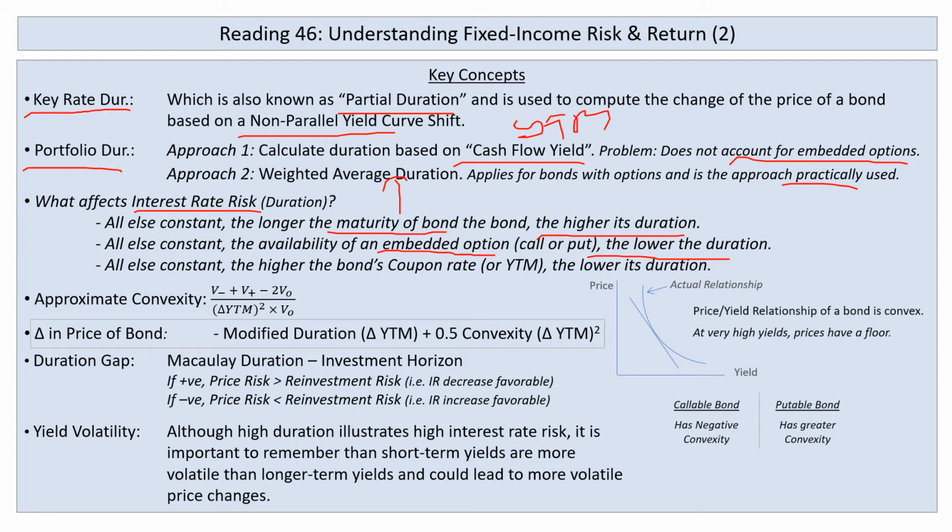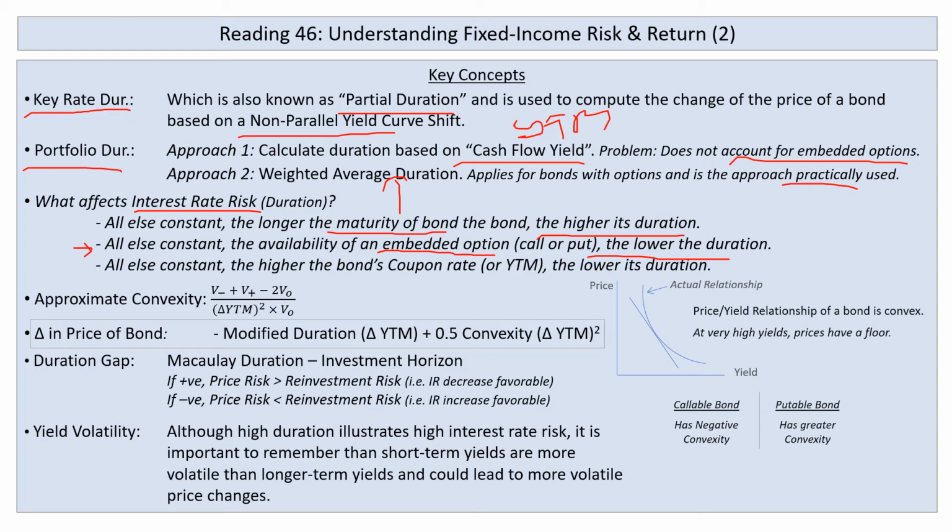The numerator is not as large for effective duration calculations as it is for modified duration calculations. So embedded options implicitly impose a cap or floor on the bond's price. This means that sensitivity to interest rate changes is lower. That means that the bond's duration is lower and interest rate risk is lower. So you have to know this. Both a cap and floor would lead to a lower duration on the bond.